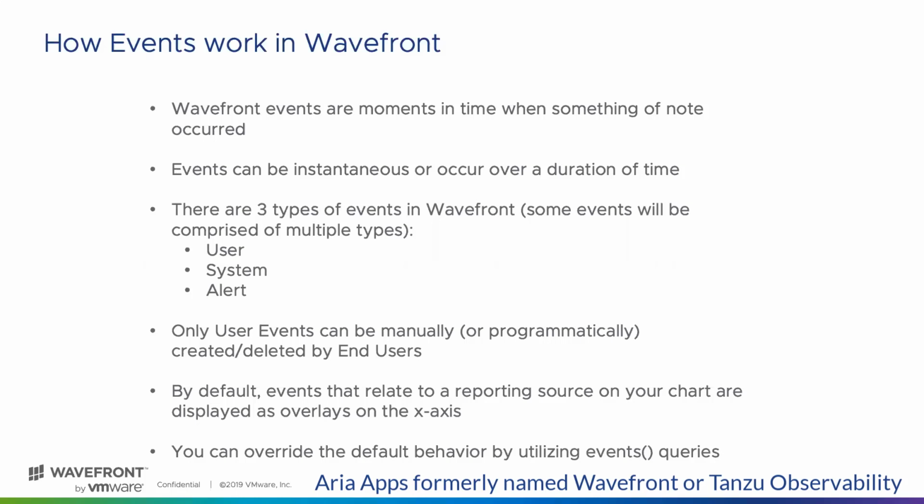The default soft limit on event creation is one every 10 seconds. So obviously one every 10 seconds is a completely different order of magnitude from millions every single second. So hopefully that gives you an idea of where we expect events to be used in Wavefront. They are useful, but it's not an event tool. It is a metrics tool.